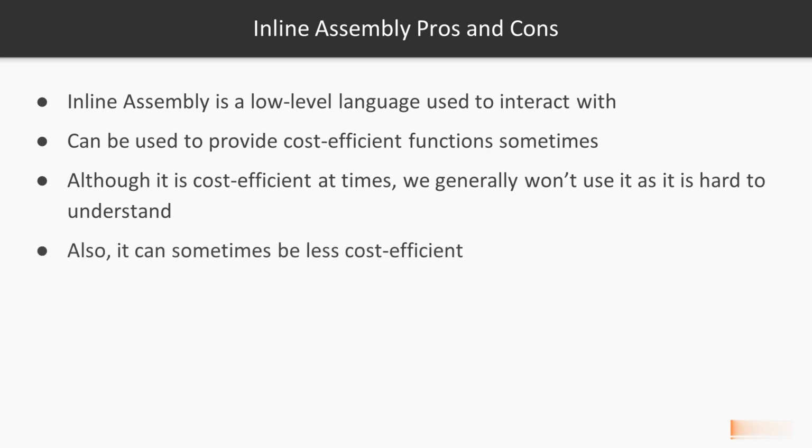At the same time, sometimes it can be less cost-efficient too. Now remember, this whole blockchain field is continuously being updated, so things which were correct in the past couple of weeks might be wrong. Thus, bear in mind that as of now, I believe inline assembly language can reduce the gas cost in particular circumstances only.